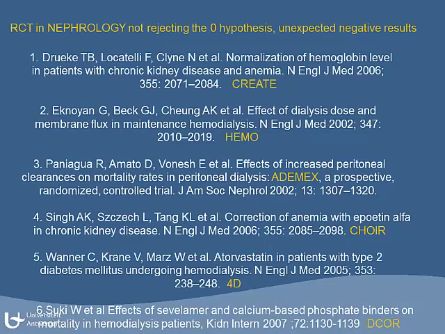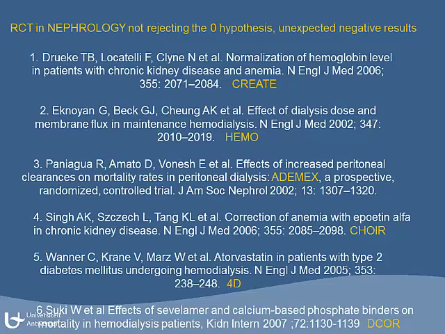Here you see a slide, already alluded to, of all the big studies, and there are more, but I just made the list of the most important ones that were not able to reject the null hypothesis: the erythropoietin study, a dialysis approach study on membrane flux, peritoneal clearance, correction of anemia, atorvastatin, and phosphate binder.